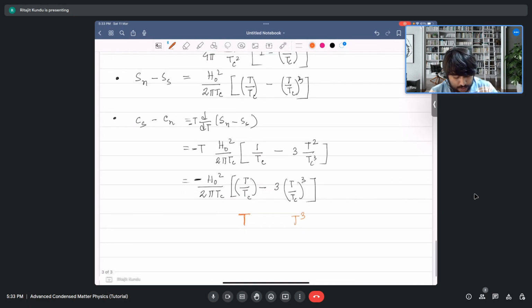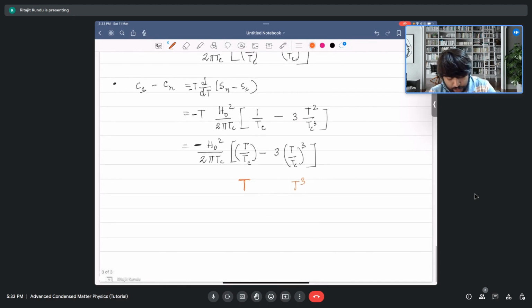Okay, so if you just want to look into its individual heat capacity, Cs will look something like T by Tc whole cube. Because we are looking just at the difference, let me write it a little bit properly so that it becomes absolutely clear.